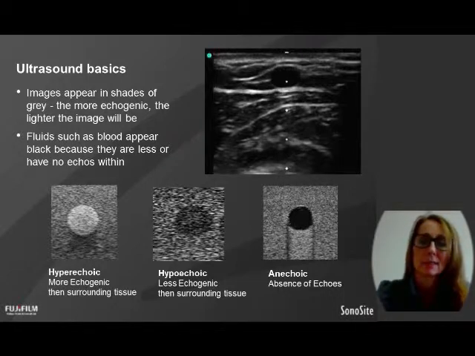That would be your denser things like bone and fascia. The less echogenic would be things like muscle, and then anechoic would be things like fluid, particularly blood and edema. That would give an almost black appearance. And you can see here there's an image of a vessel, and the actual blood in the vessel is almost black.